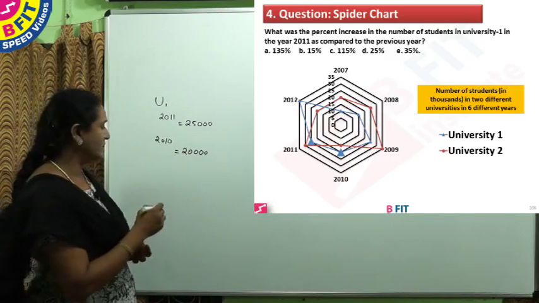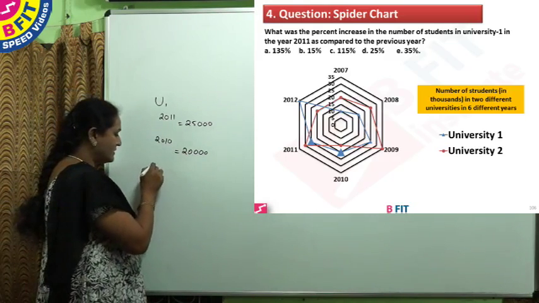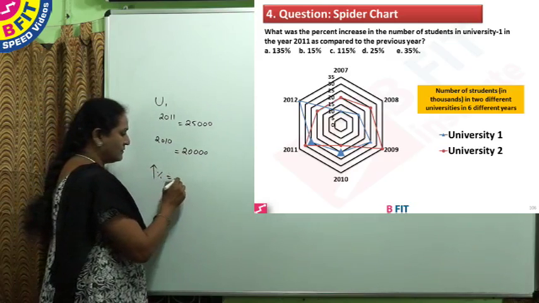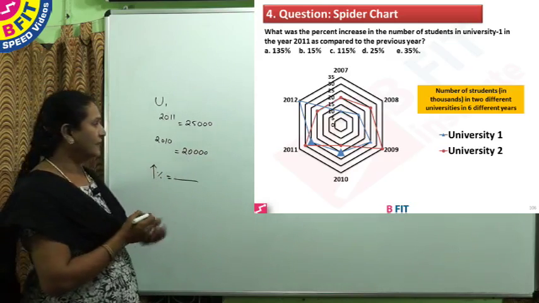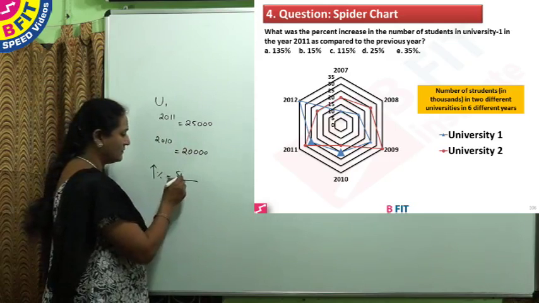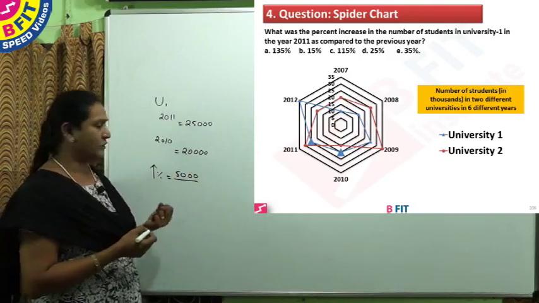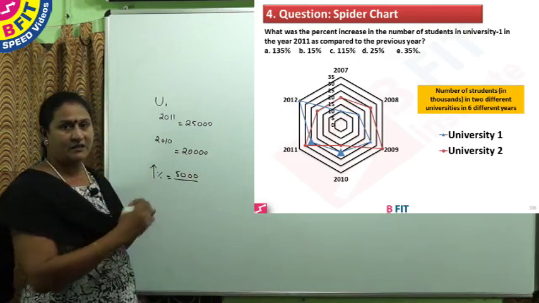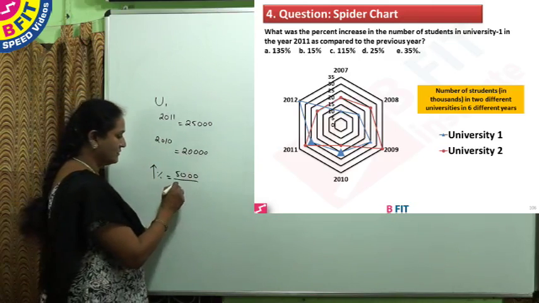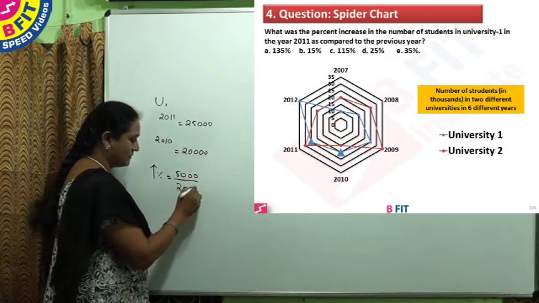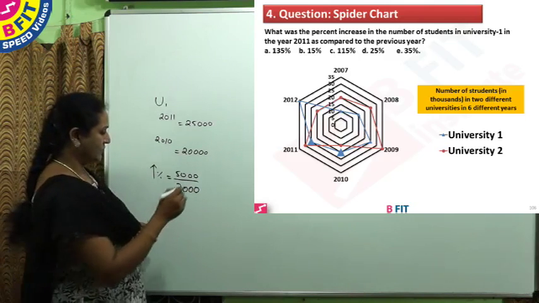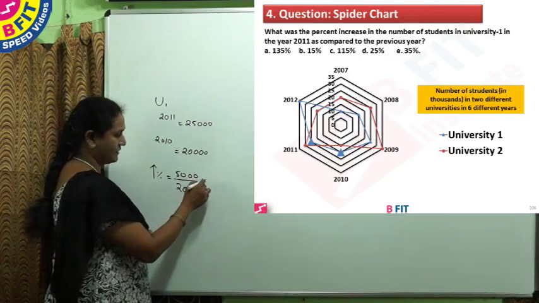So percentage increase: we'll write the difference in the numerator, that is 5,000, and the initial value, the lower value, in the denominator. From 20,000, the increase is 5,000. So write the base value in the denominator, into 100.